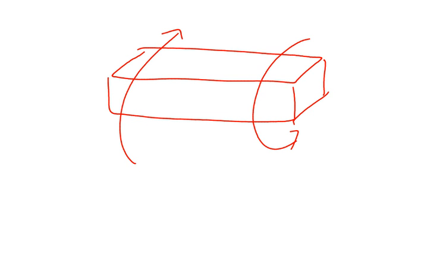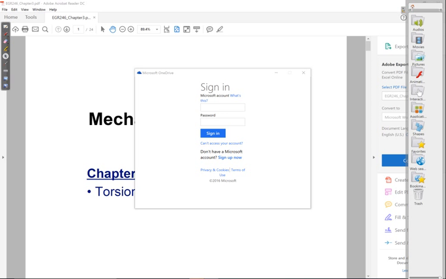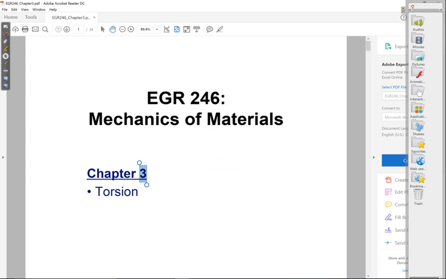Okay. But what happens to this shaft is very different from what happens to the circular shaft when I twist on it. Okay. And there's a very compelling reason for that, which we'll get into.